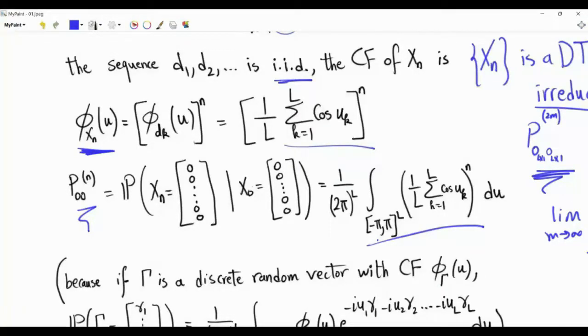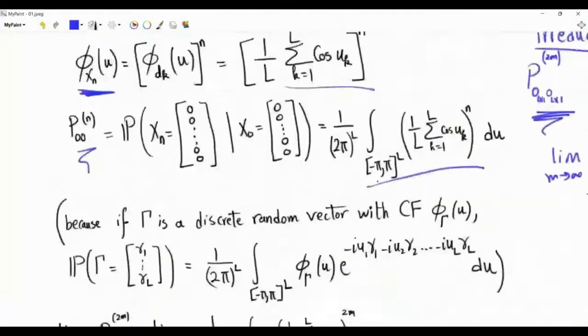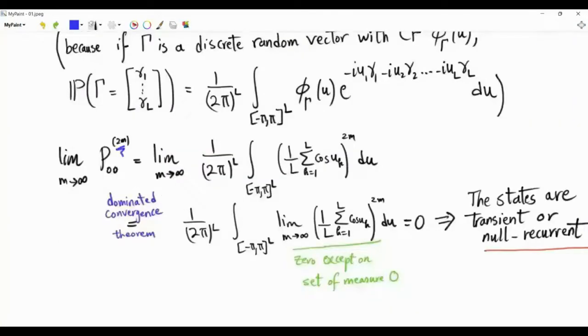Now, how can we obtain the limit? We replace n by 2m, because now the period of the all zero vector is 2, because the all zero vector can only be visited at even instances of time if we start at the origin. And also we have a rule that if the discrete time Markov chain is irreducible, then every state will be periodic, having a period of 2.